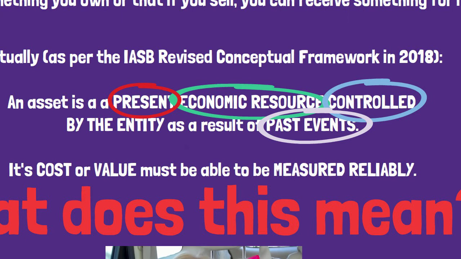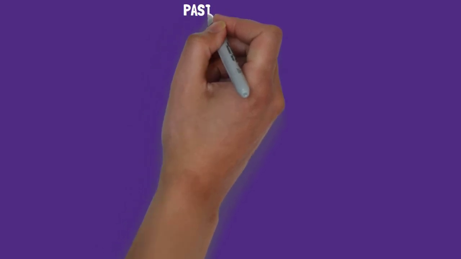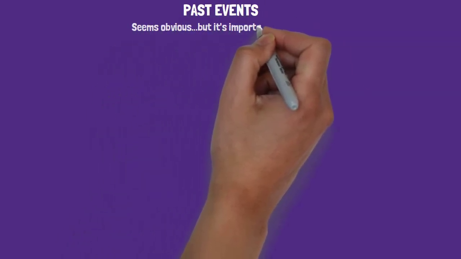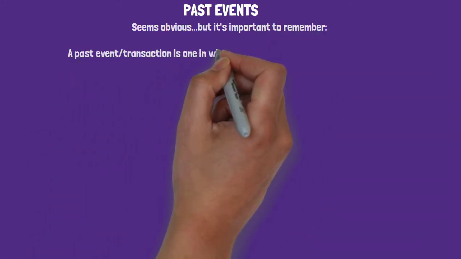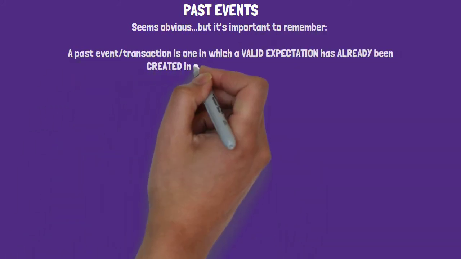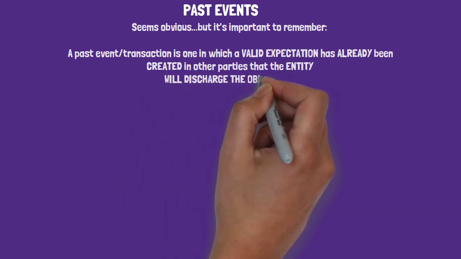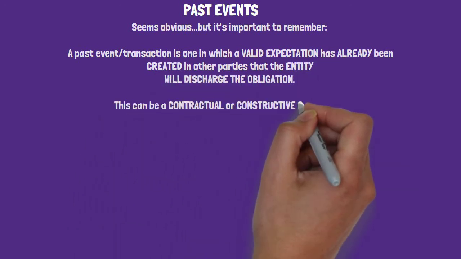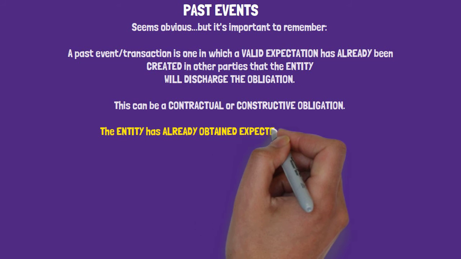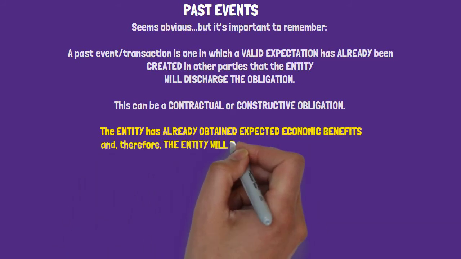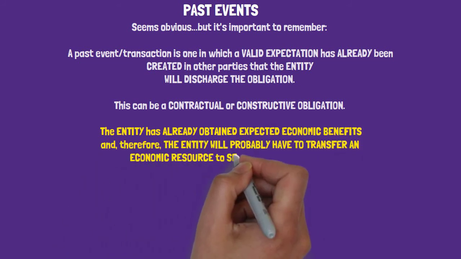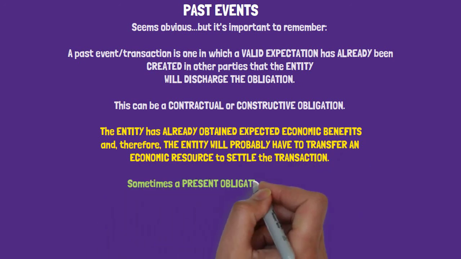Again, I know it seems really obvious what a past event is, but actually from an accounting standpoint, a past event or a past transaction is one in which a valid expectation has already been created in another party that the entity will discharge the obligation.